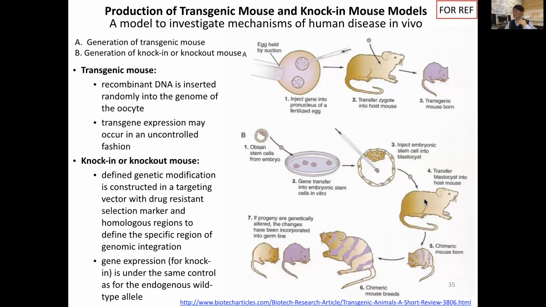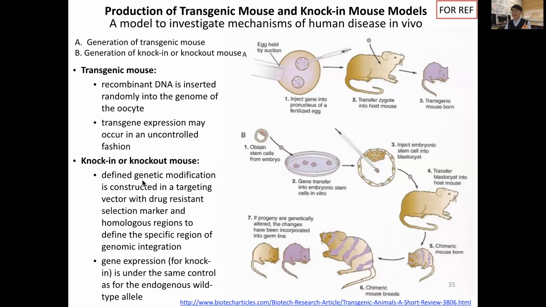The host mouse will create a mixture of these, so a chimeric mouse is born, and you breed and self-breed. Then you can see the progenies are genetically altered, and you can find out which ones are the pure knock-in or knock-out mouse.